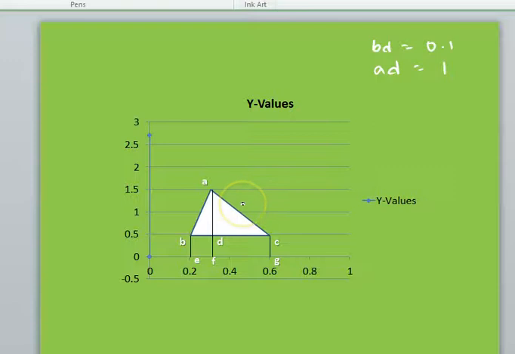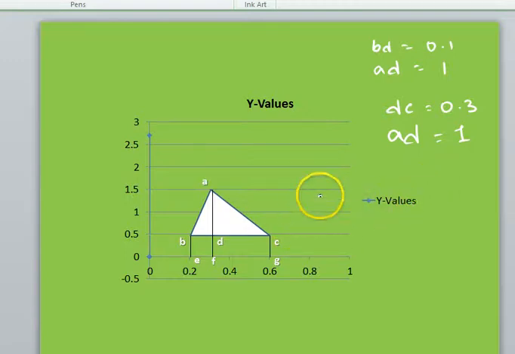Let's consider the triangle ADC. What is the length of the base here? The base extends from point 3 to point 6, which makes DC equal to 0.3, and the height AD remains the same, 1. Now, what is the area of the triangle?